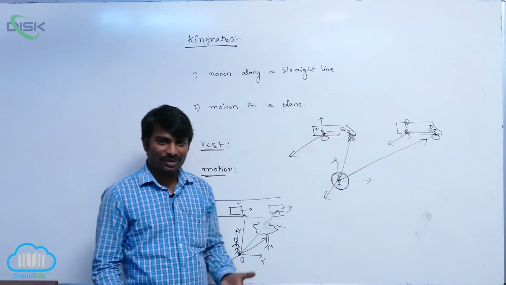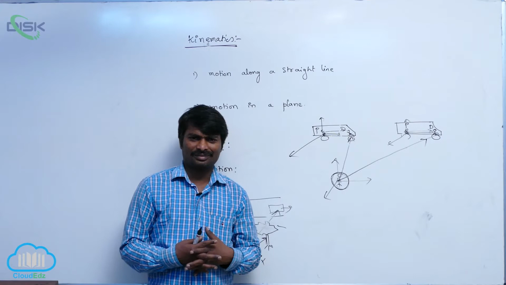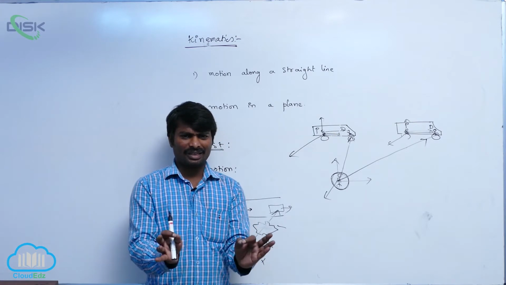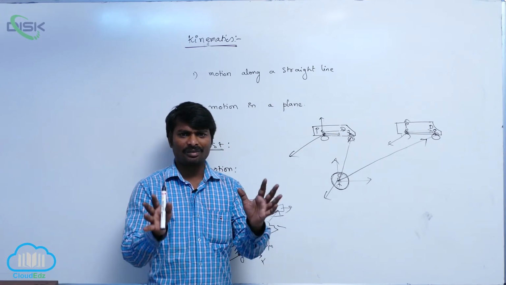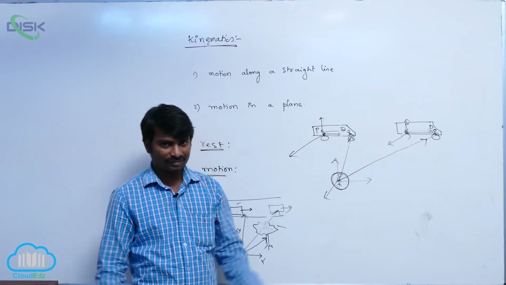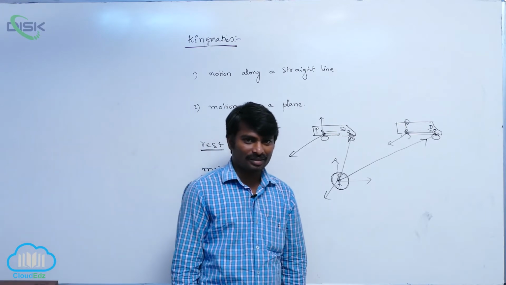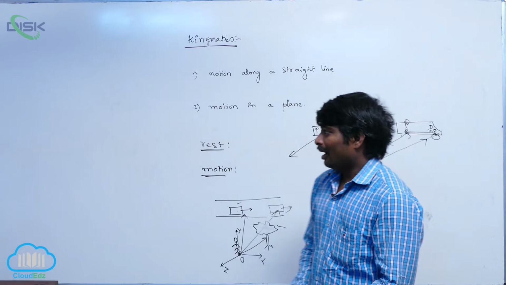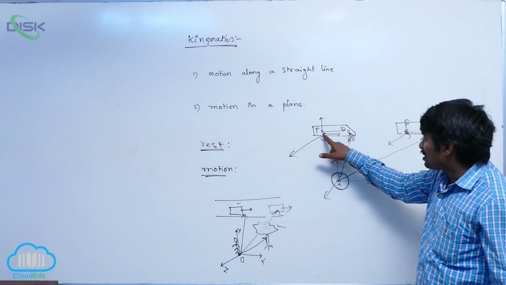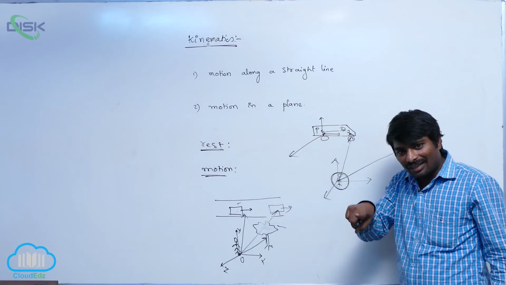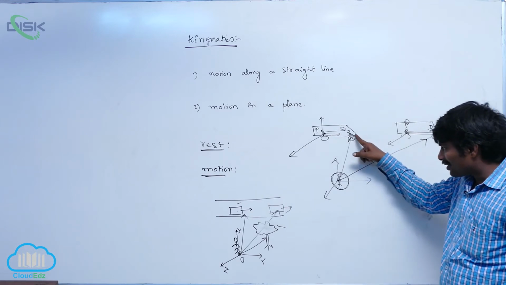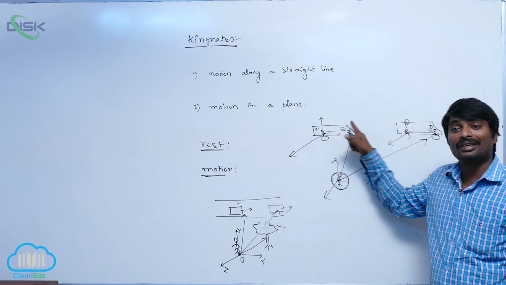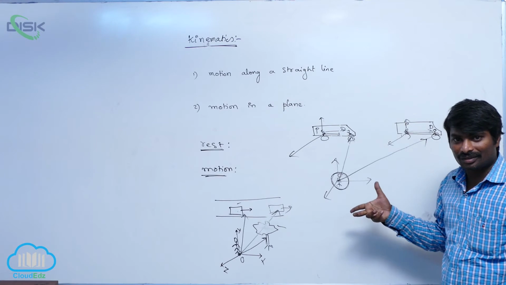So you can ask me one question, which is correct? Just to tell me whether the driver is at rest or in motion, I can't tell. Why? Because as per the observation of this passenger, that the driver is at rest is correct. As per the observation of the person on the ground, that the driver is in motion is correct.